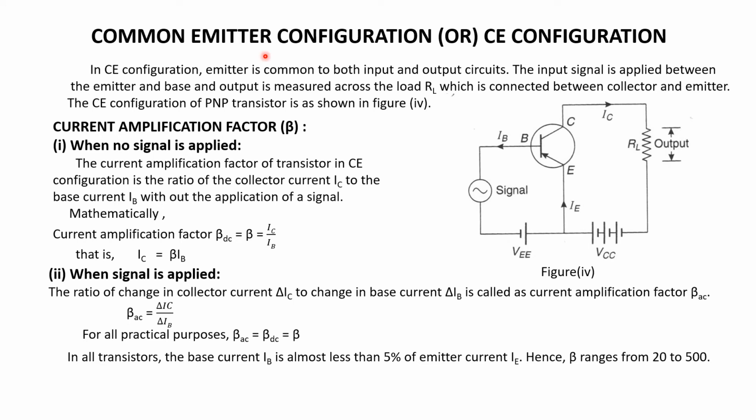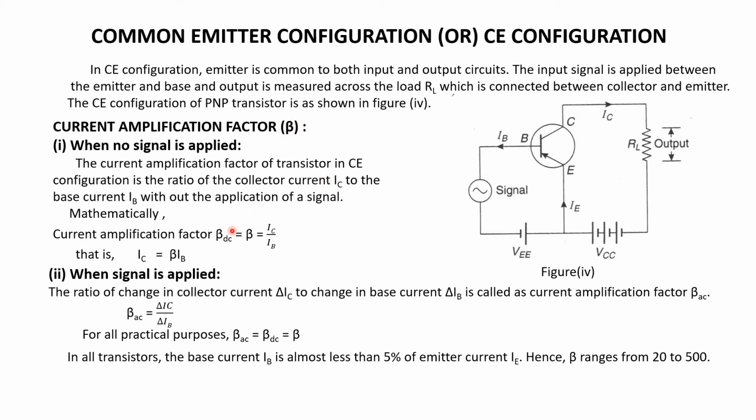Now coming to common emitter configuration. If the emitter is made common for both input and output circuits, then that connection is said to be common emitter configuration. Here also, when the input signal is not there, the amplification factor is a DC amplification factor. In CB circuit, the amplification factor is represented by alpha, and in CE circuit, it is beta.